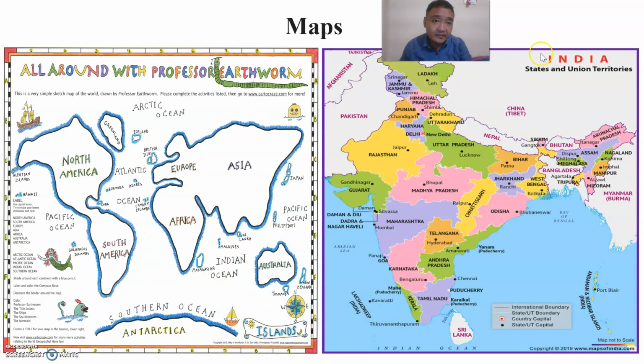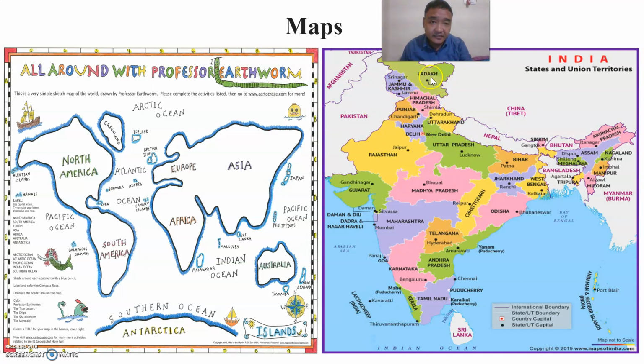So you can see here the Indian states, and this is a political map, right? States and union territories. You can see this is Nepal, the border on the political map. The territory and borders are divided. And you can see Uttarakhand, the 28th state. You can see Ladakh and Srinagar.